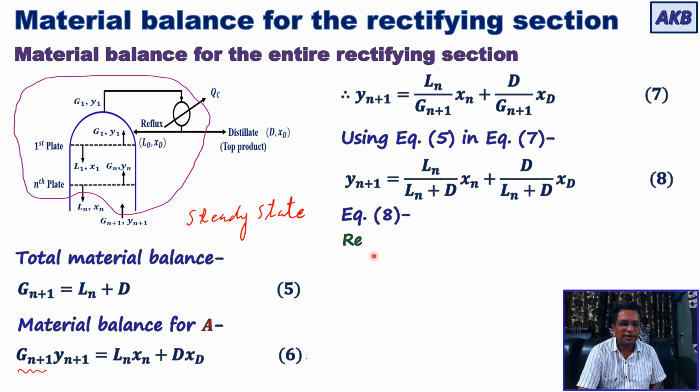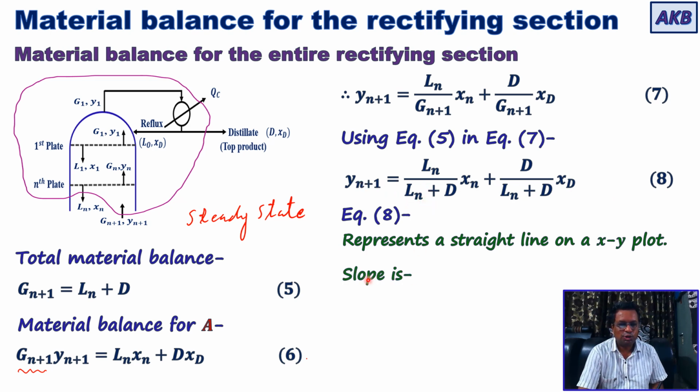Now if you look at equation number 8, what can you say? Equation number 8 will represent a straight line. If you plot x, that is mole fraction of A in liquid phase, versus mole fraction of A in vapor phase, whatever plot you get, equation number 8 will be representing a straight line on it.